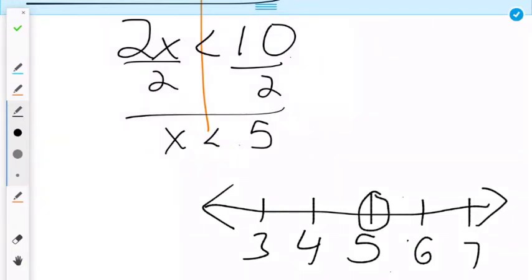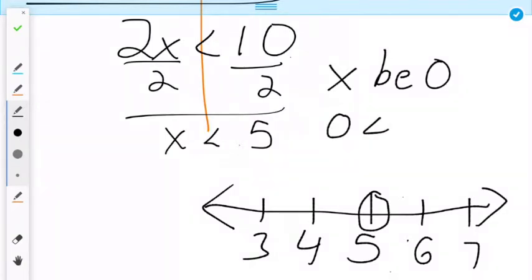And a way to check direction of the arrow, I'm going to say that let x be 0. So 0 is less than 5. Remember, if this is true, we want to point the arrow in that direction. If it's not true, we want to point it in the opposite direction. In this case, 0 is less than 5. So we want to move it towards 0, which happens to be in this direction here.